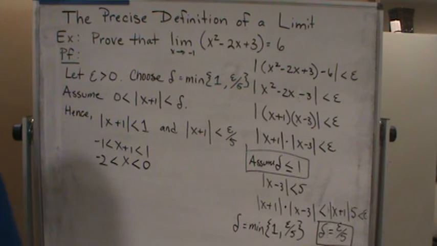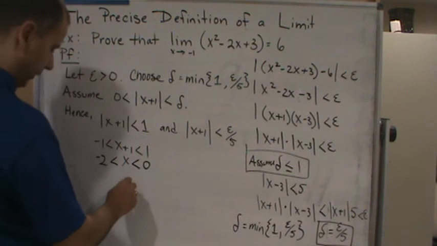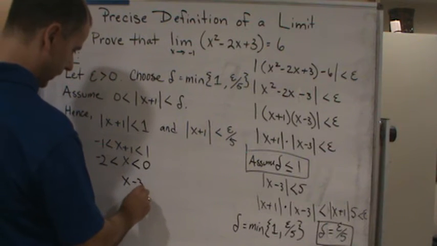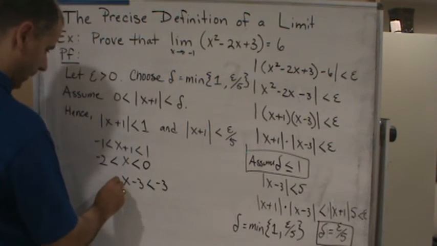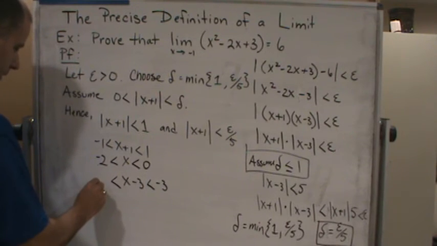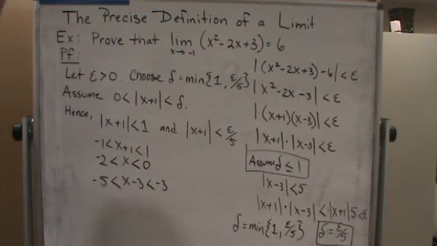Now at this point, let's subtract 3. So x minus 3 is less than negative 3 and greater than negative 5. And now we see that the absolute value of x minus 3 is less than 5.